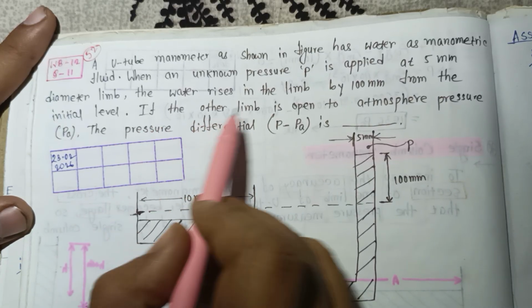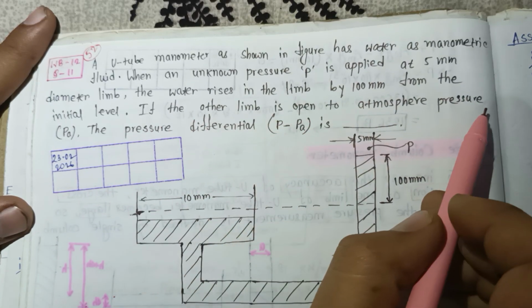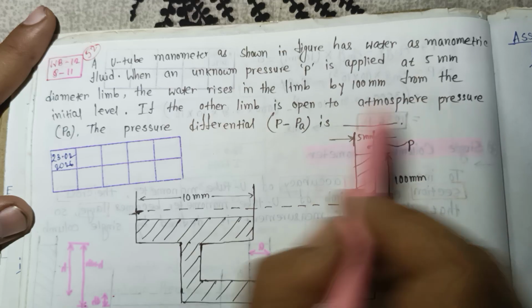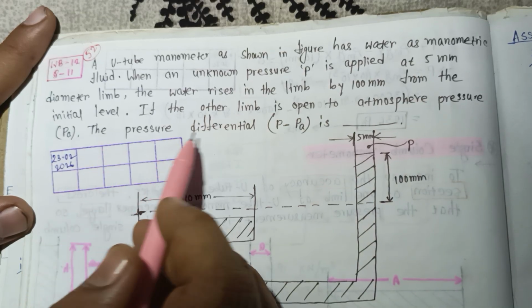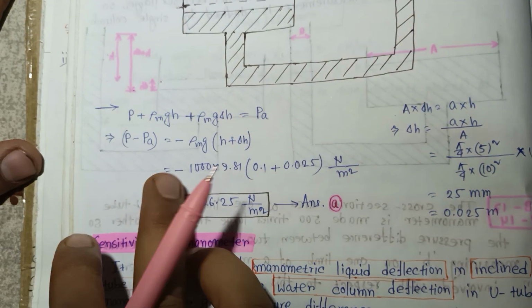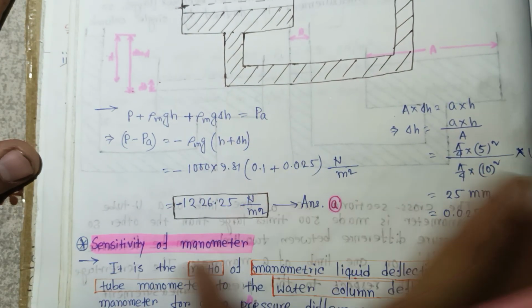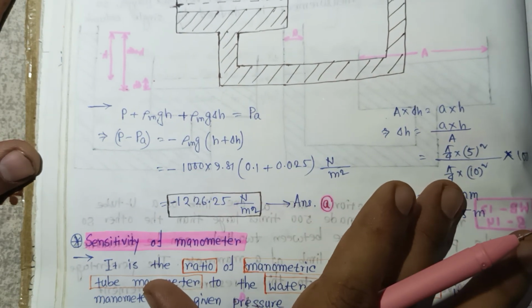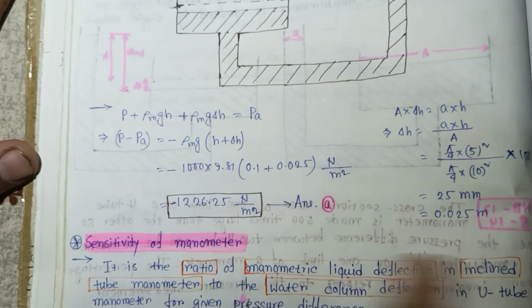So if the other limb is open to atmospheric pressure PA, find the pressure difference P minus PA. So this is also a very easy problem. So try to solve this problem. This is my handwritten notes, you can download it from the description.